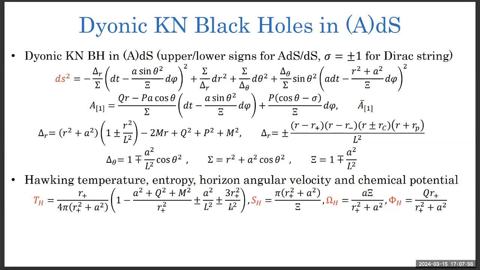So that small sigma does not affect the black hole geometry you're talking about now? No, it only affects the vector potential, only the dual vector potential. It has two: one for the electric charge, the other for the magnetic counterpart.